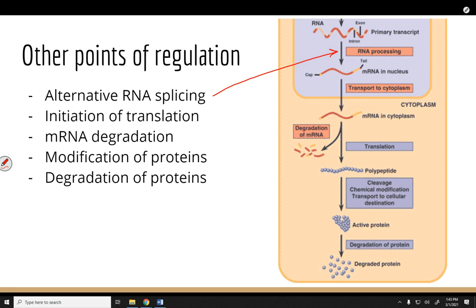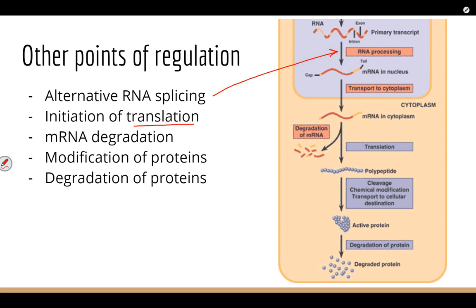Then that finished messenger RNA has to leave the nucleus and go out to a ribosome in the cytoplasm. And between those two, that's another place that the cell can control how much that protein is made. There are other proteins involved in initiating translation, and whether the messenger RNA can actually bond to a ribosome and the ribosome can start to read it.